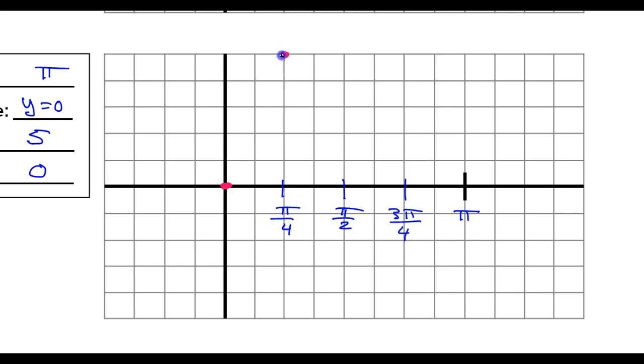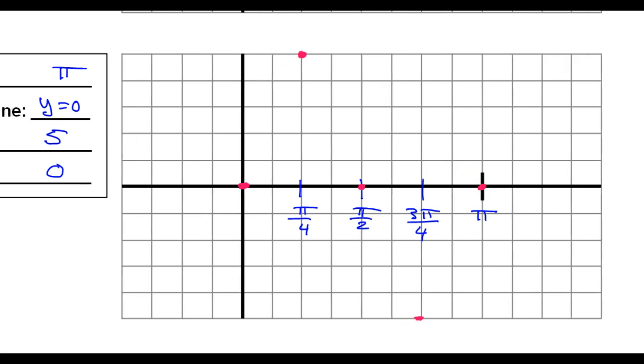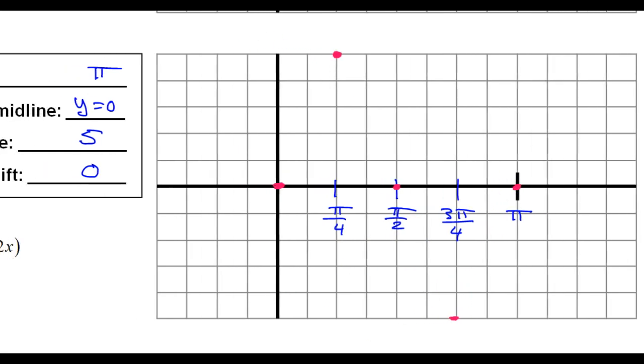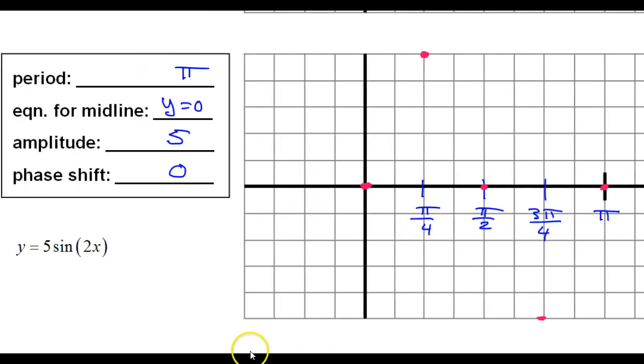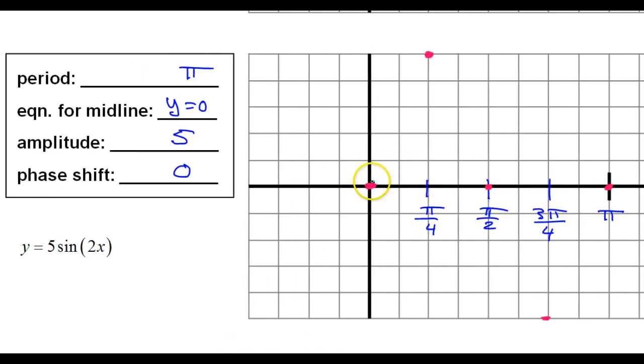So up 5, and then back down to the midline, and then down 5, and then back to the midline. So these 5 points reflect one period of this graph. And so I could graph that right now because there's no phase shift or anything. So that would look like this.